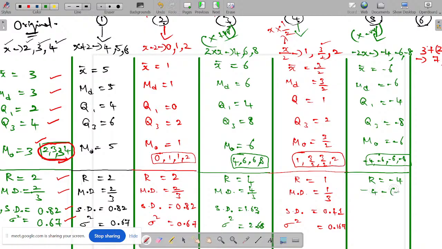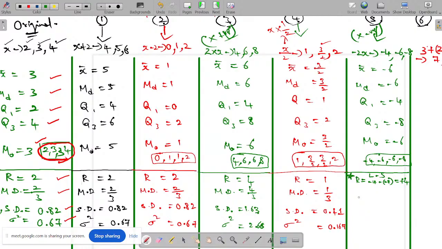Minus smallest value is minus 8. So this is minus 4 plus 8. So plus 4. Okay. So I'll place a star mark. R is, I'll write in full. Largest minus smallest value. Largest value is minus 4. Minus smallest value is minus 8. So this is plus 4.